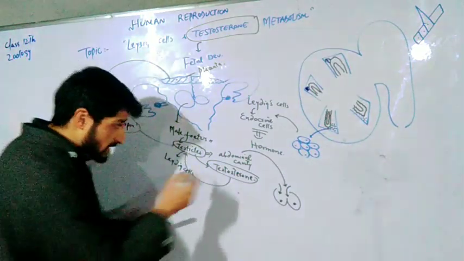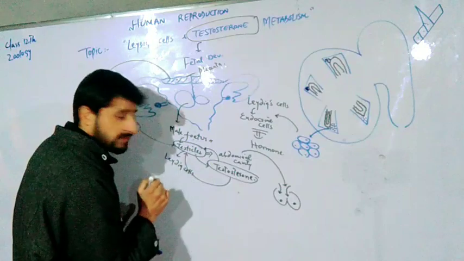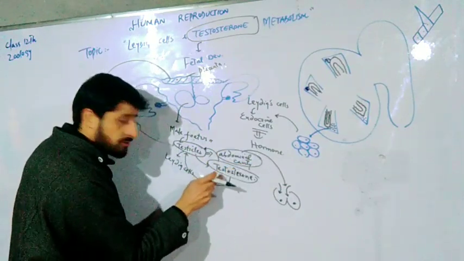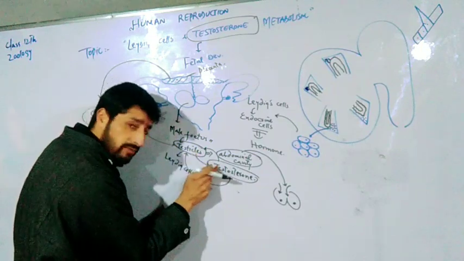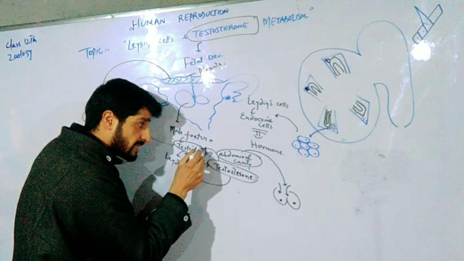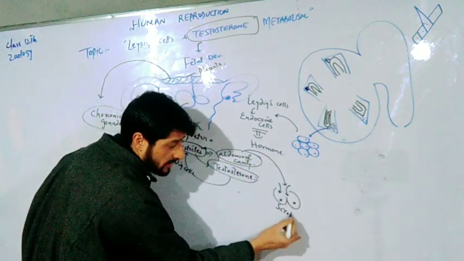It is this testosterone that then stimulates the testicles. Actually, testicles are formed in the abdominal cavity. Testicles are stimulated by testosterone, and then these testicles descend from the abdominal cavity into the scrotal sacs.